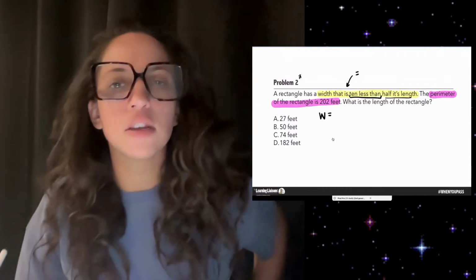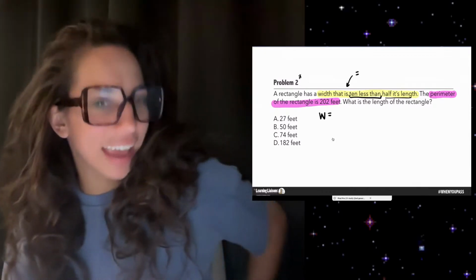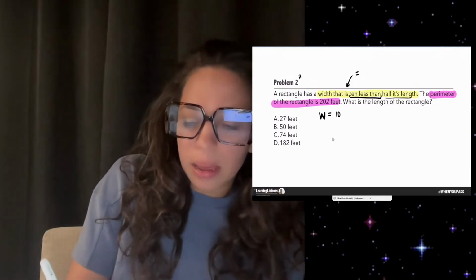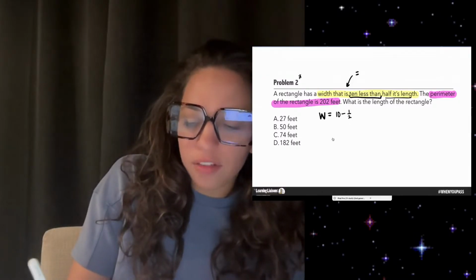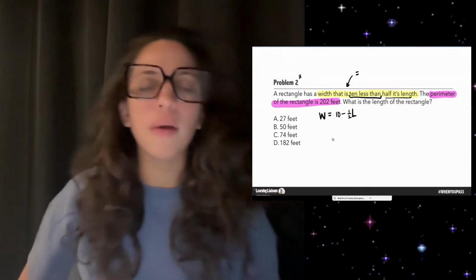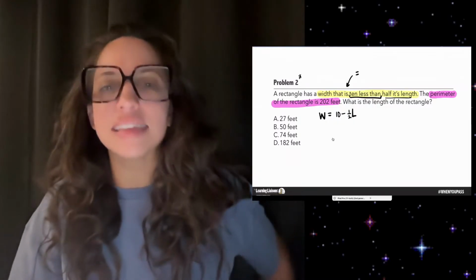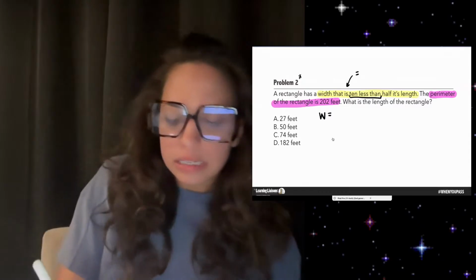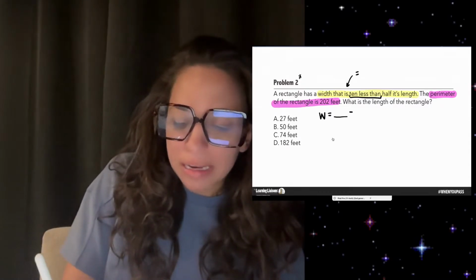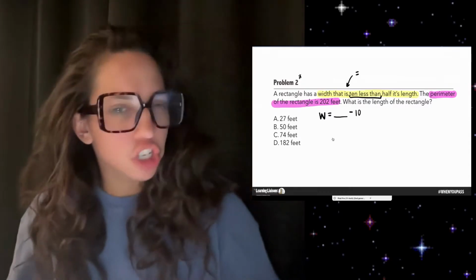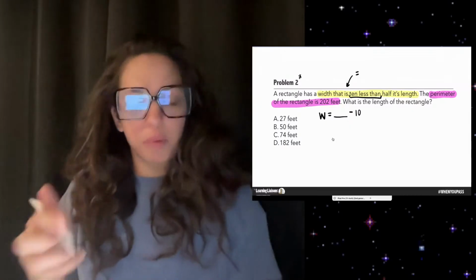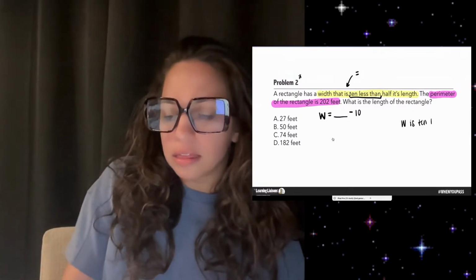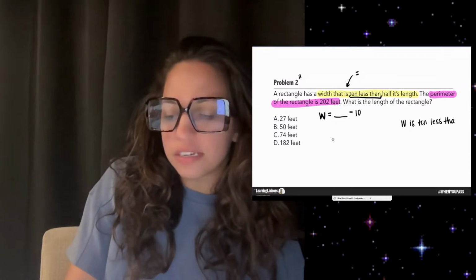So I want you to consider this. It would be tempting, and a lot of us are going to make a similar mistake, to do 10 minus half the length. However, 10 less than something is actually something minus 10. If you're not sure, then you can always reframe the problem. So the width is 10 less than 15.